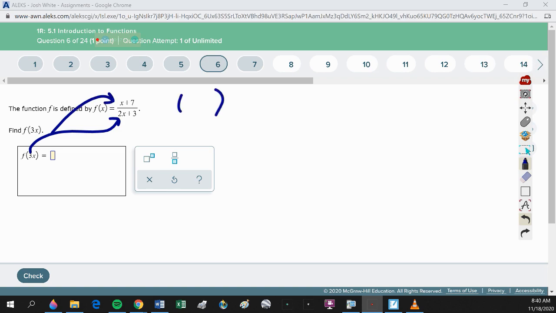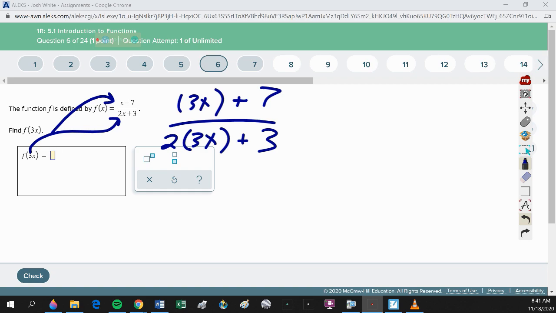So here's what the equation looks like. And where the x used to be, it wants you to put 3x. What does it say? Okay, I'll do one of those in a second. So this simplifies to be 3x plus 7, and the bottom becomes 6x plus 3.